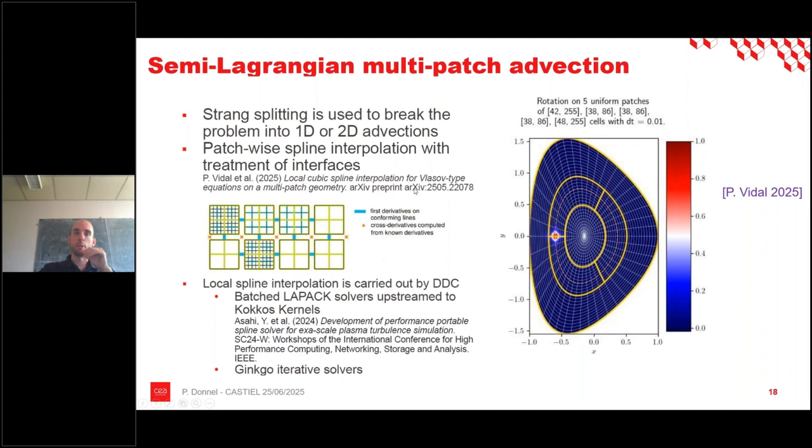And there is a paper on arXiv where she shows that even if you have, in this case, 5 patches, you can describe quite well the evolution of one single density blob that is crossing the different patches. Okay, I will not enter into the details here.